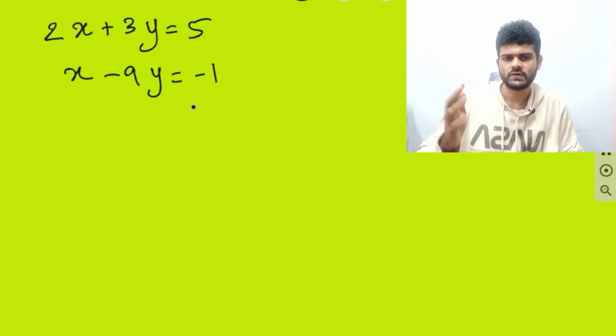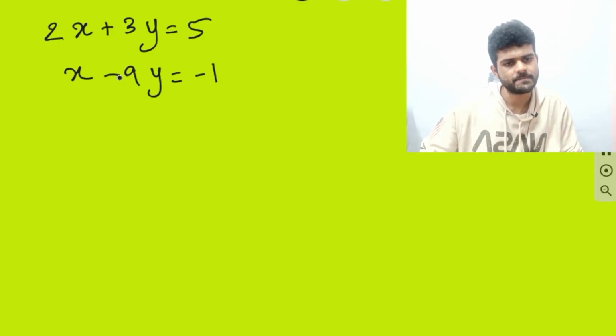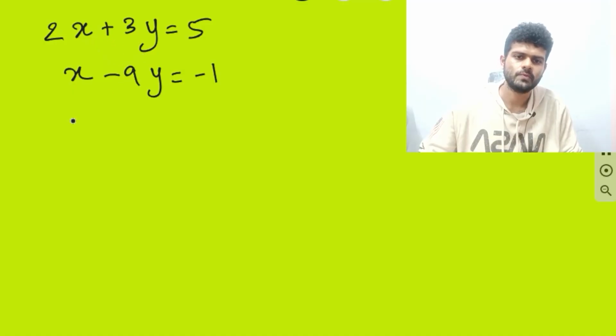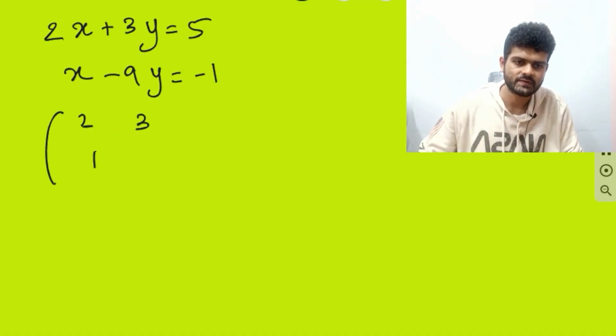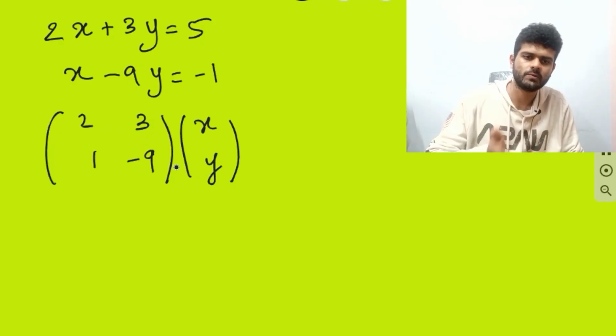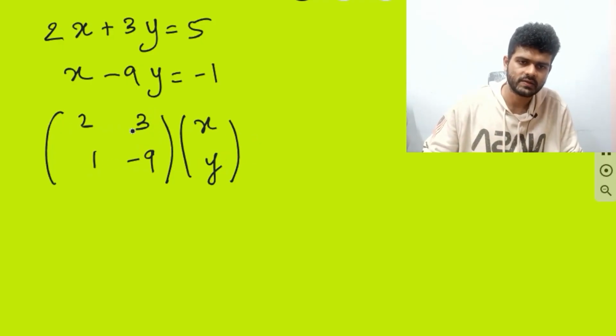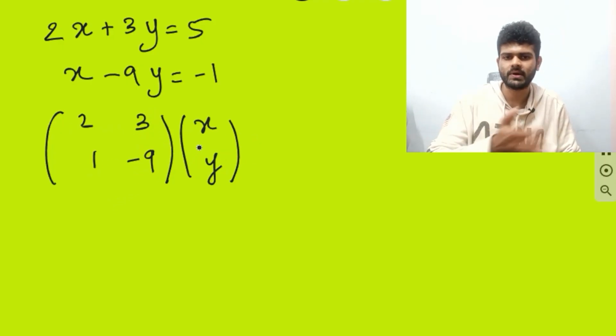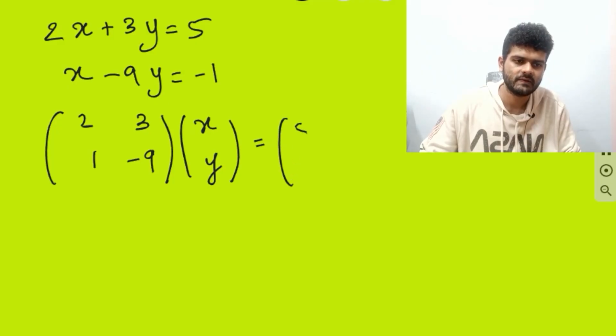This is a simple system of linear equations in two variables. Now, you can make this into a matrix form: 2, 3, 1, minus 9. That's the matrix that you get. You multiply by x, y, and then you get 5, minus 1.